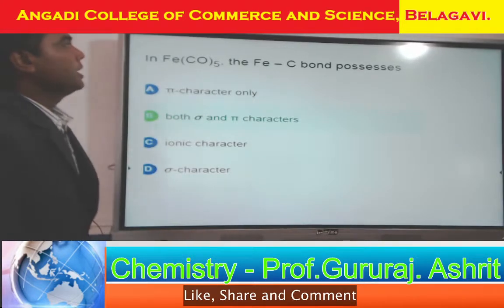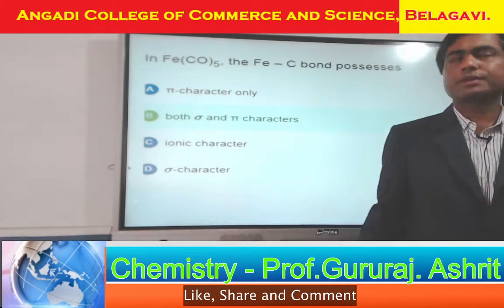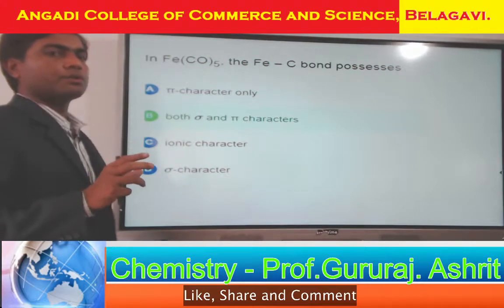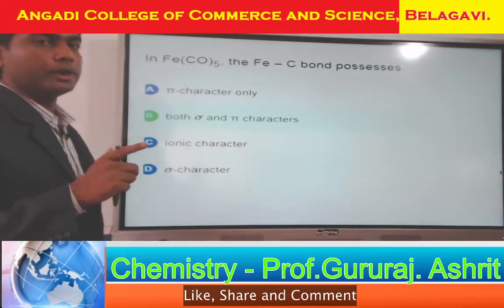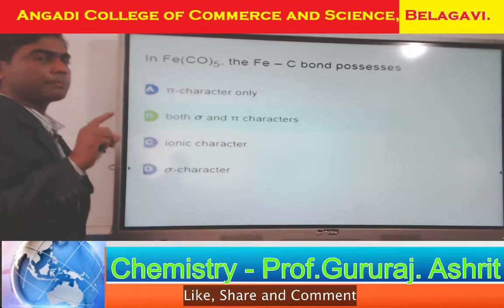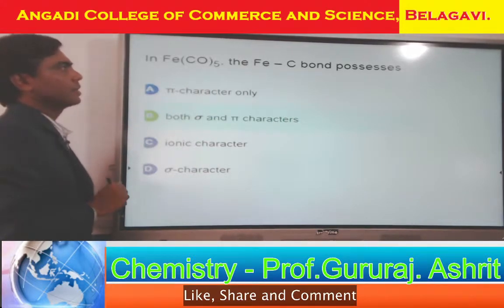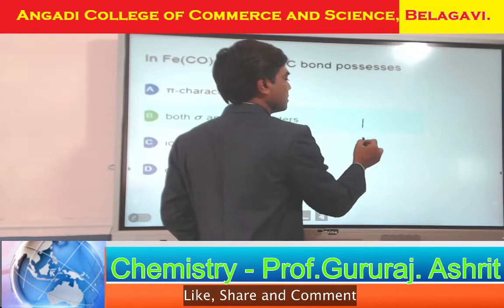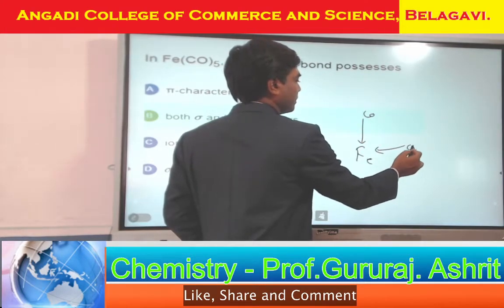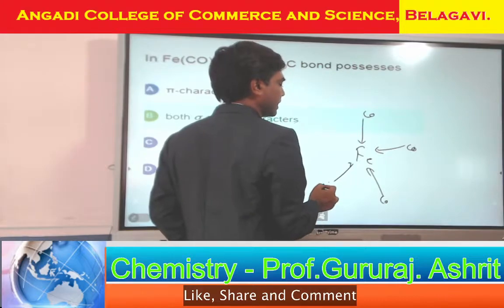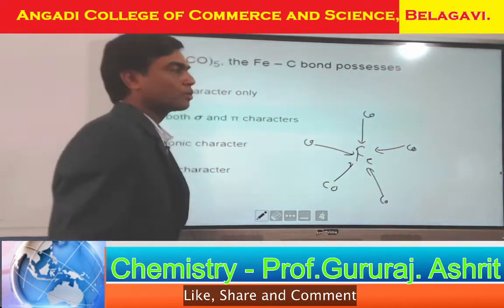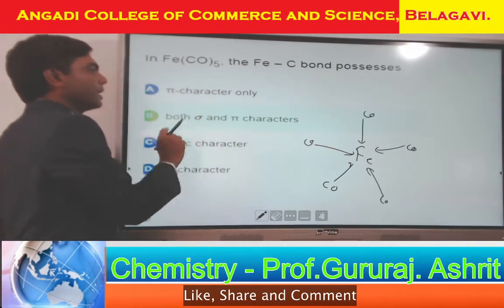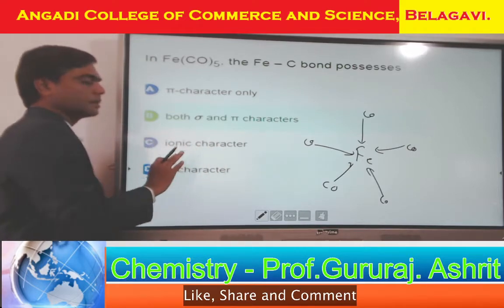Next question. In Fe(CO)5, the Fe-C bond possesses. In coordination compounds, you come across one concept called metal bonding in the carbonyls, back bonding, pi, sigma, like that. So related to that, we have the question. Fe(CO)5 is called iron pentacarbonyl. 5 CO groups are attached to it. Now he is asking which bond possesses pi character only, both sigma and pi character, ionic character, or sigma character.